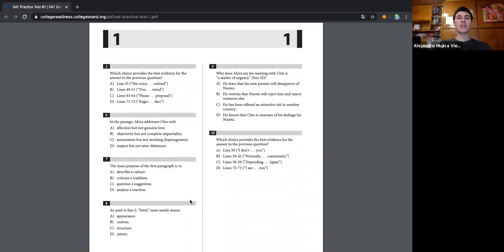6. "In the passage, Akira addresses Chie with affection but not genuine love, objectivity but not complete impartiality, amusement but not mocking disparagement, respect but not utter deference." So here they're asking, what is the tone that Akira uses when addressing Chie?